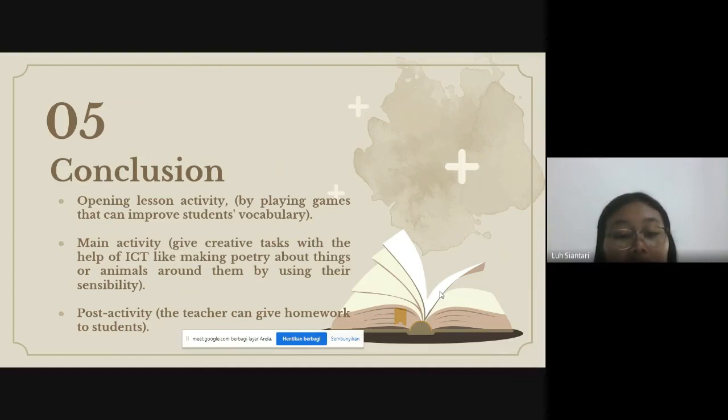So poetry can improve the students' vocabulary. In short, the use of poetry can improve vocabulary about nature of animals and things in 21st century learning, and can be done in creative ways with the help of ICT.